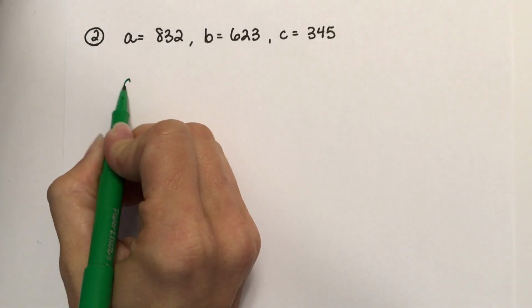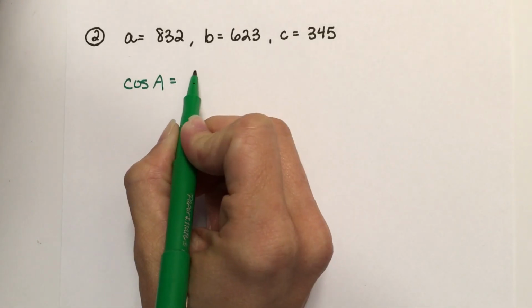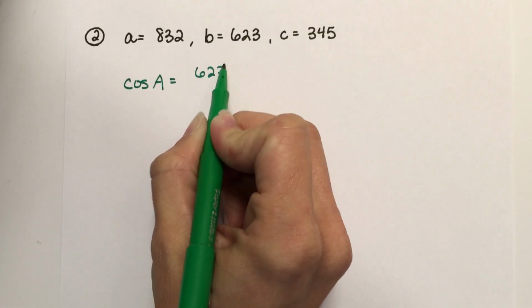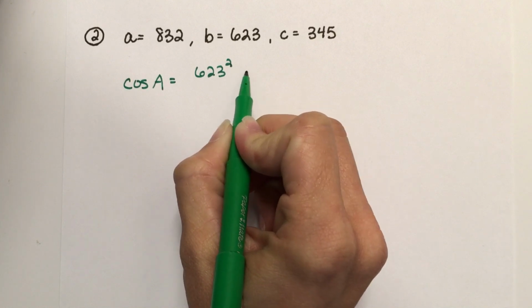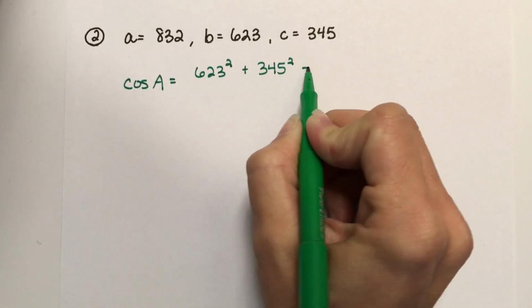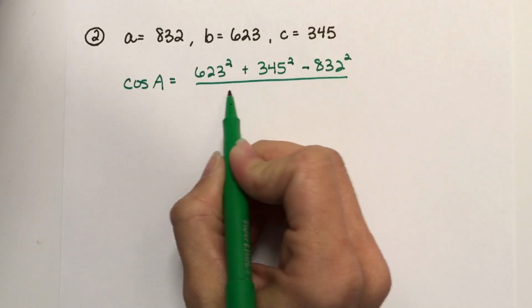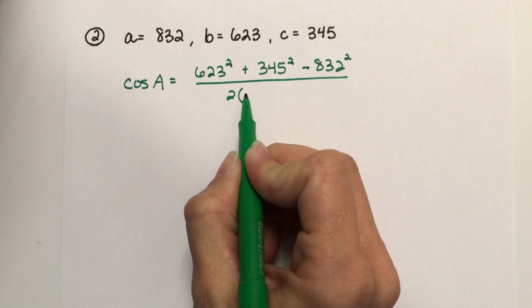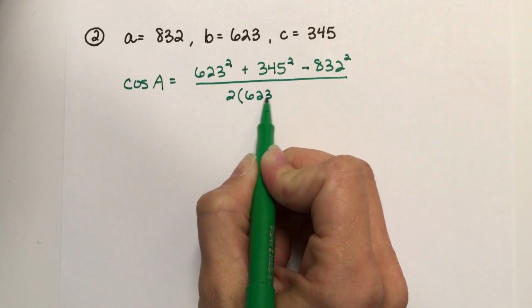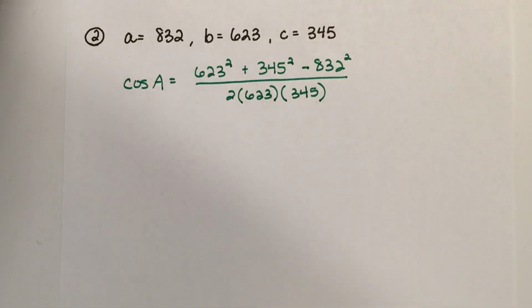So using your formula to find cosine of angle A, you would have 623 squared plus 345 squared minus 832 squared, divided by 2 times 623 times 345.